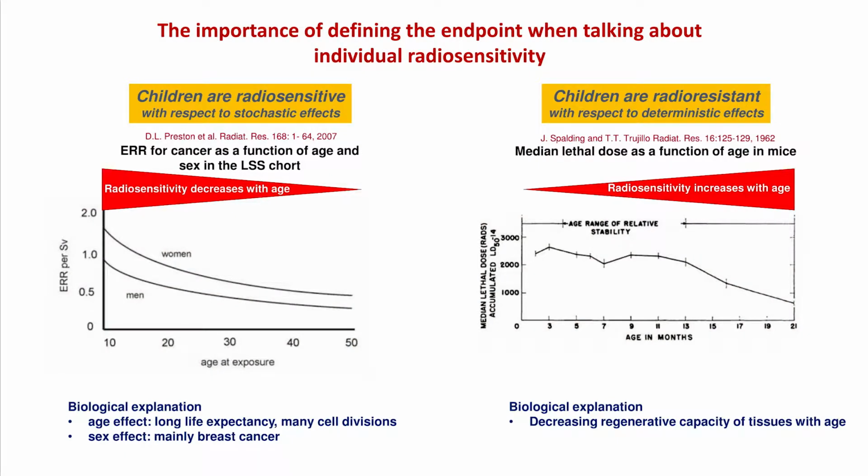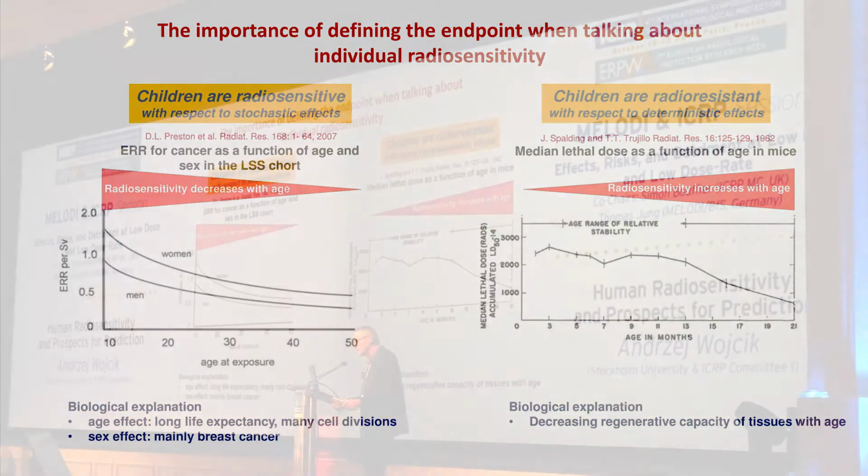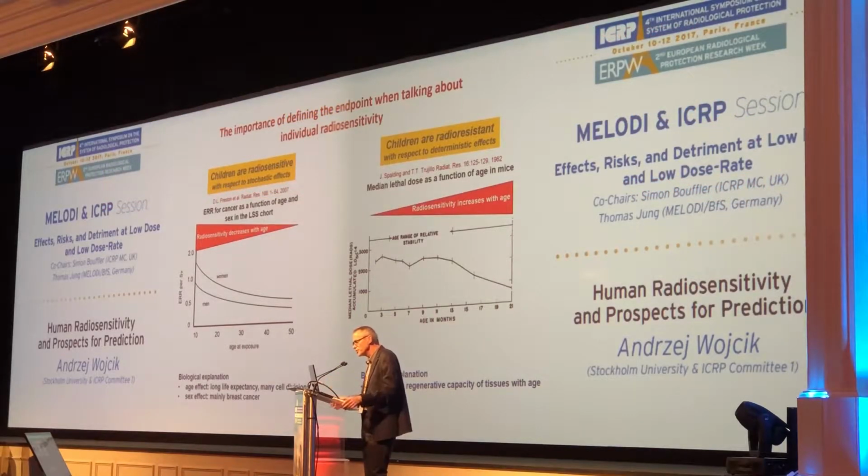Now, an example why it is very important to distinguish different forms of radiosensitivity is that, of course, we all agree that children are radiosensitive. And you see this on the left panel. These are results from the LSS study. But if you go to medical doctors, to radiation oncologists, and you tell them a child is radiosensitive, they will say, what?